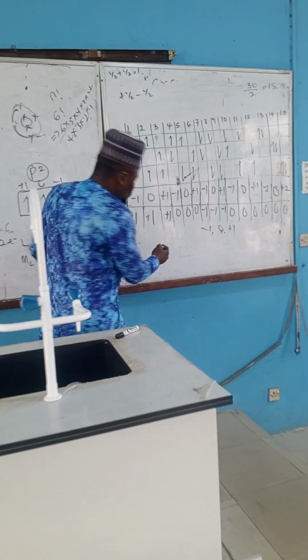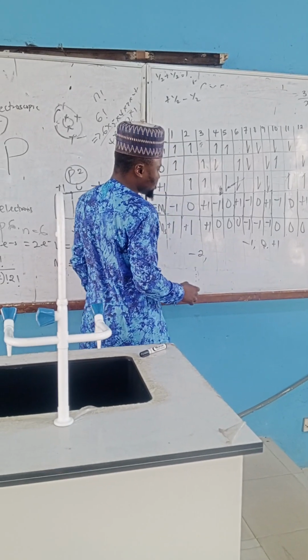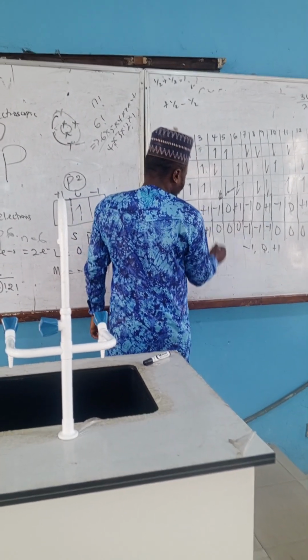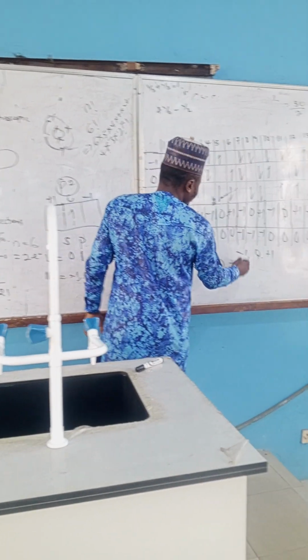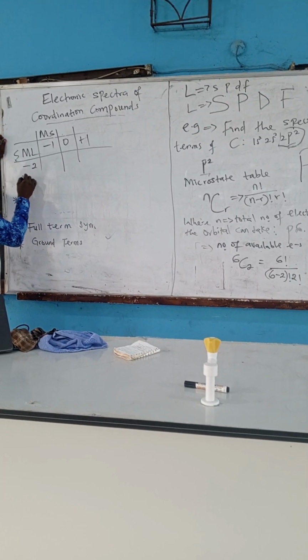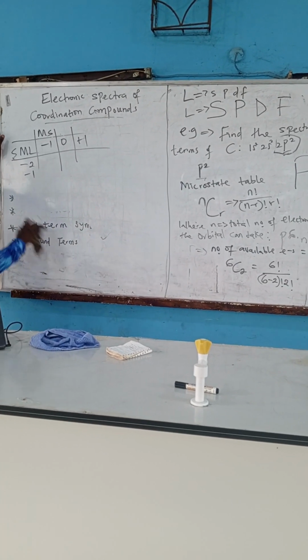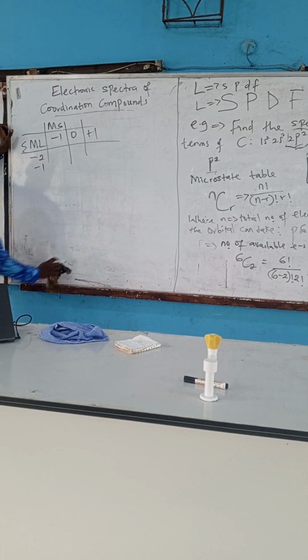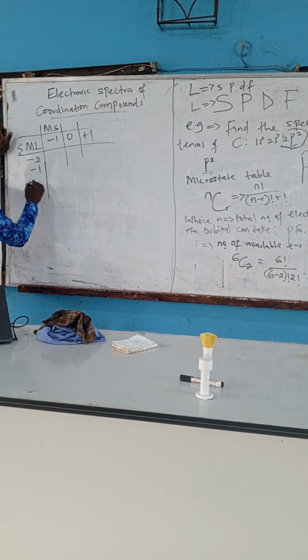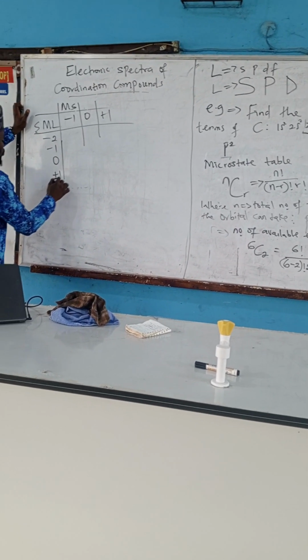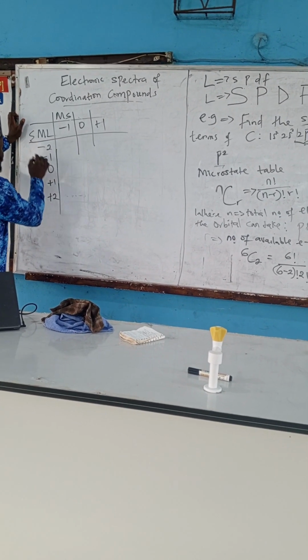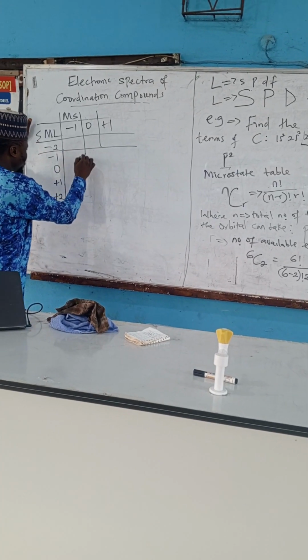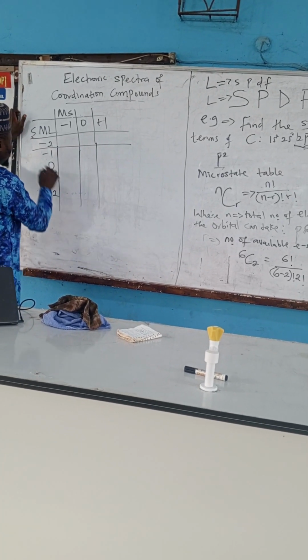We have minus 2, minus 1, 0, plus 1, plus 2. So we are going to be listing them.